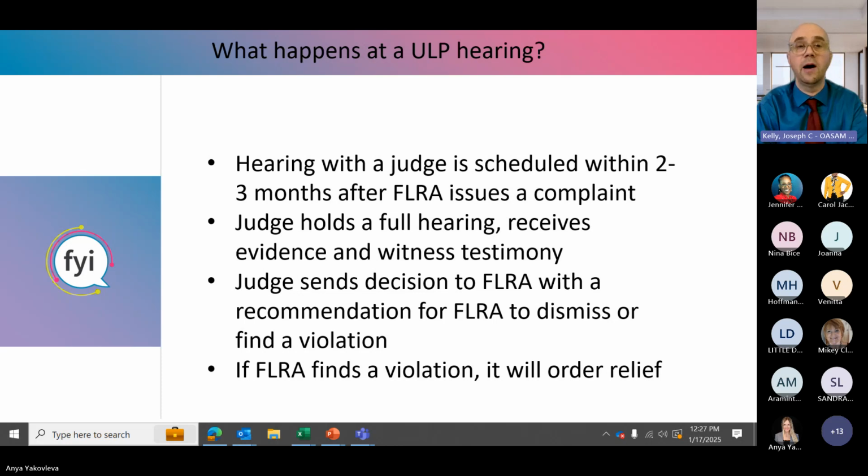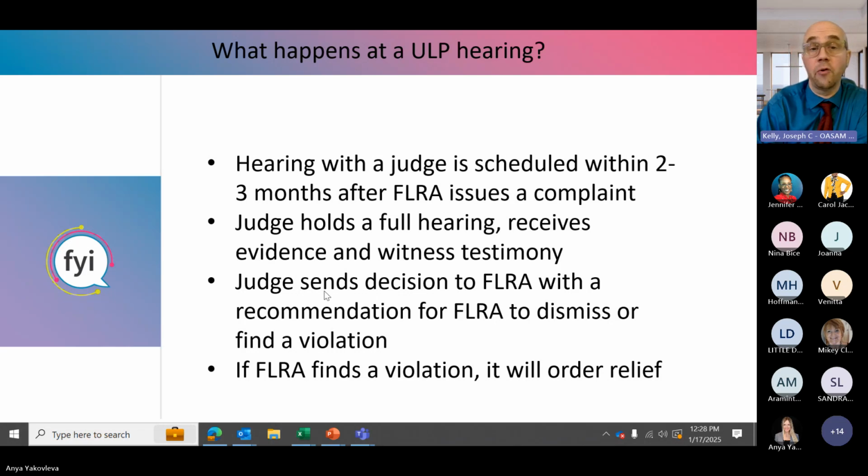Once the judge renders a decision, they send that decision to the FLRA as a recommendation. They issue a decision about what their assessment is, but that decision is not binding on the parties. The decision goes to the FLRA, who then reviews the administrative law judge's decision to decide whether or not the FLRA agrees that there was a violation.